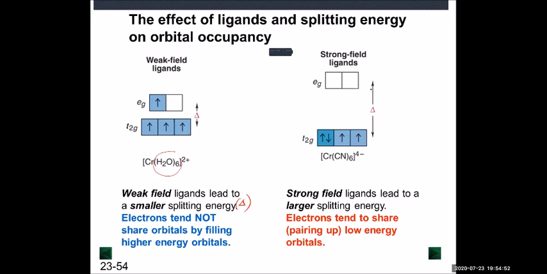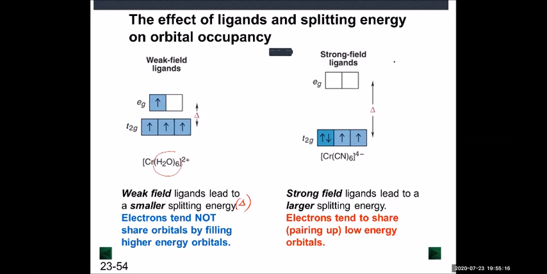The strong splitting by the cyanide, this kind of ligand, cyanide always tends to force electrons to pair. Because when cyanide interacts with the d orbitals, it causes a bigger gap between d orbitals, stronger interaction, bigger gap.